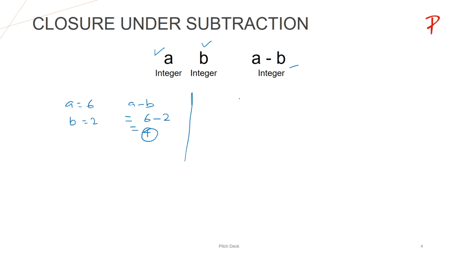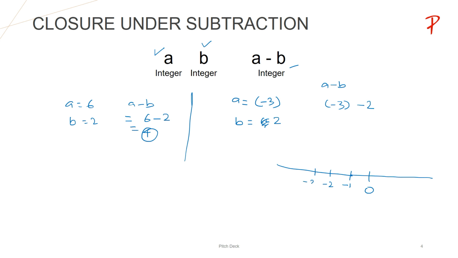Okay, and let us take another example. a is equal to -3 and b is equal to 2. So -3 minus 2, a minus b, we are trying to find out. Here we have a number line. It's not a perfect number line, it should be straight, but anyway, here we have 0, -1, -2, -3, -4, -5, and -6.